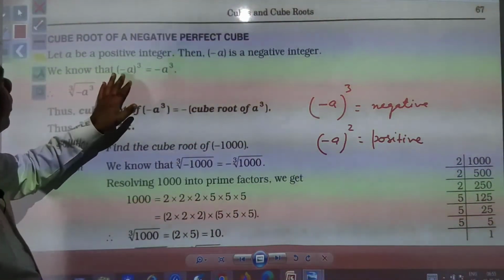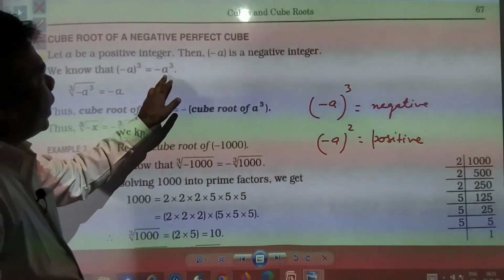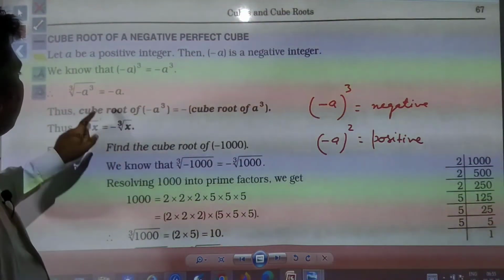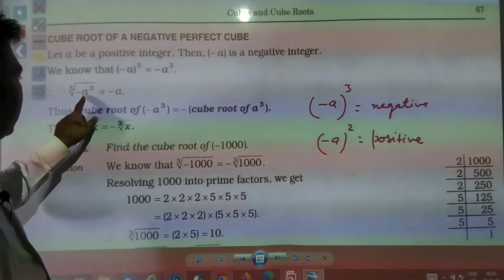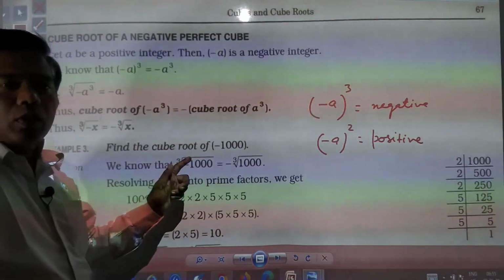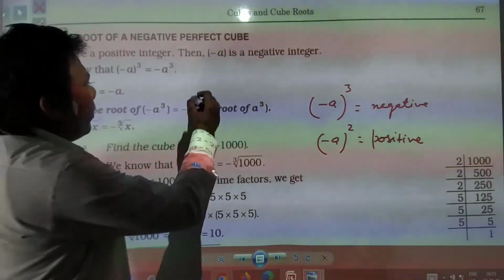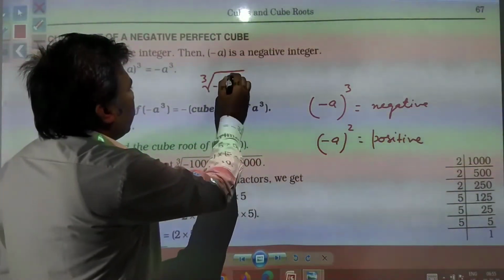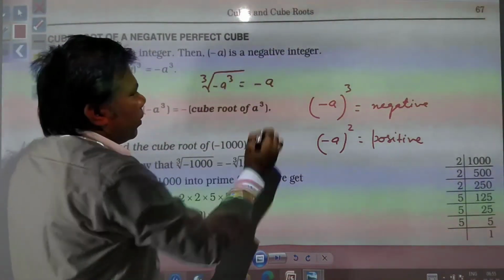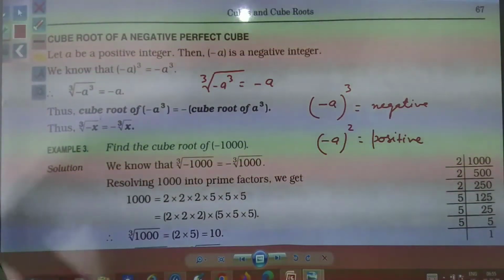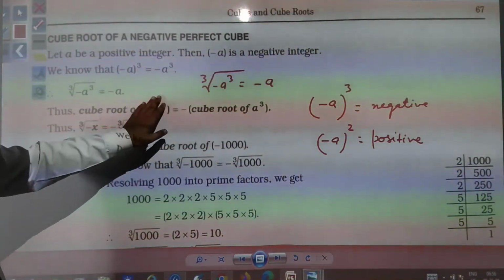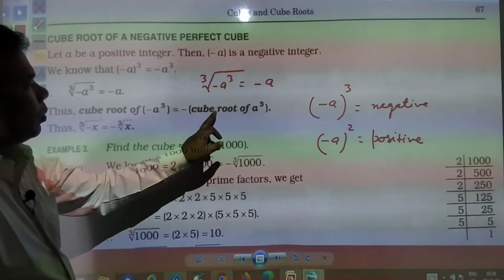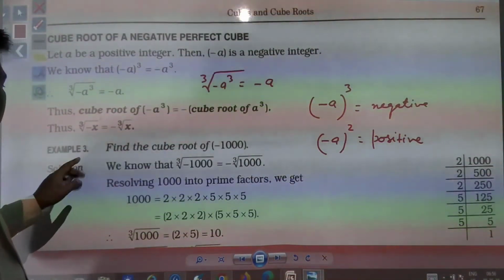So we know that minus a whole cube is equal to minus a cube, and that's why cubic root of minus a cube also will be minus a. That you need to remember. Thus cube root of minus a cube is equal to minus cube root of a cube.